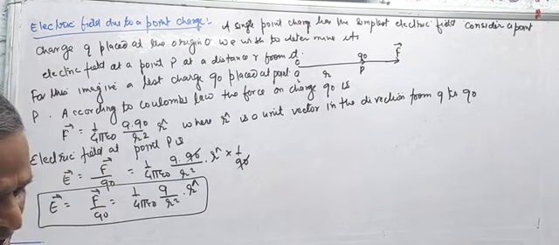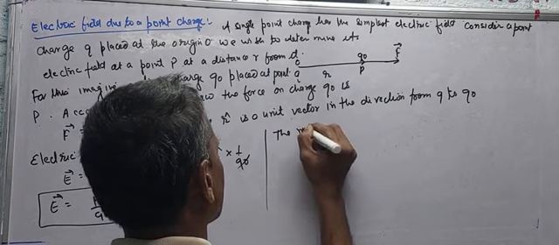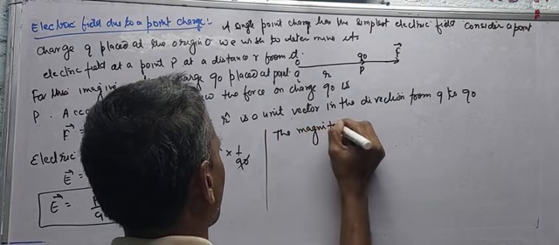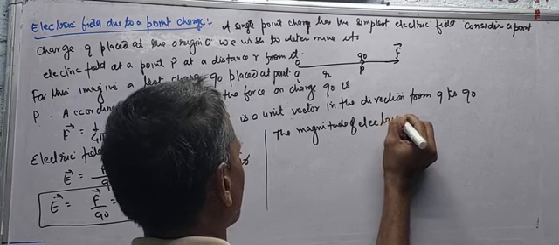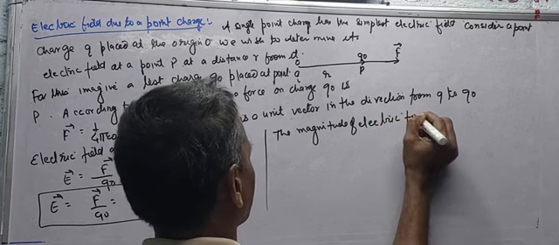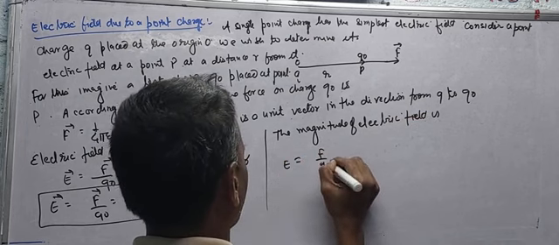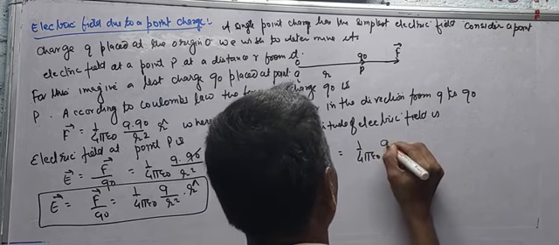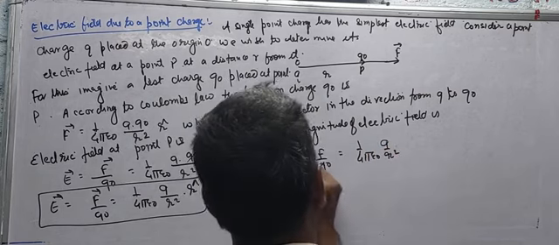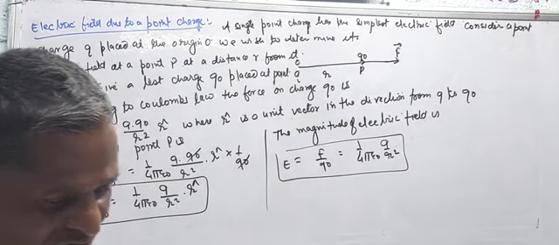The magnitude of electric field is E equal to F upon q naught, that is 1 upon 4 pi epsilon naught, q upon r square.